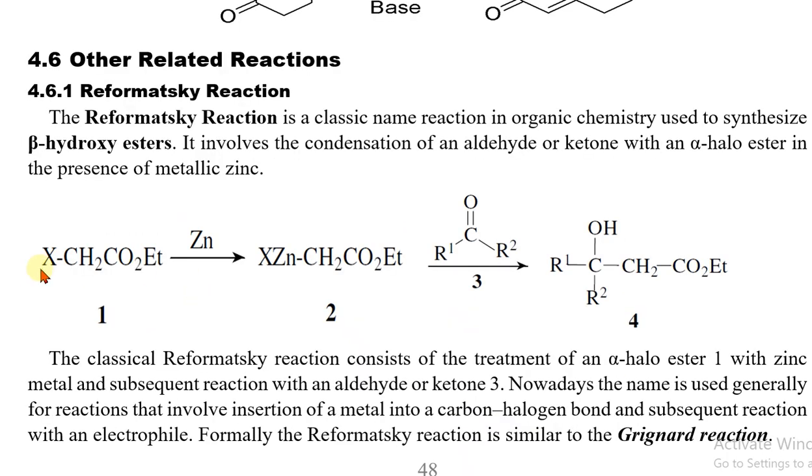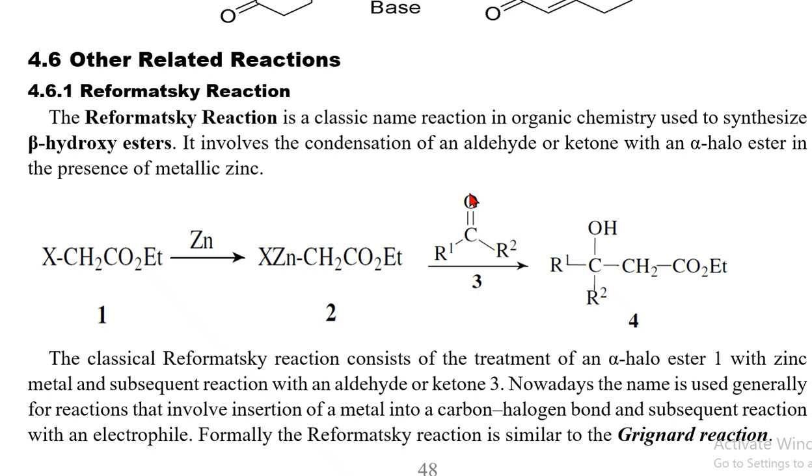So firstly, the alpha halo ester will react with the zinc atom, making a complex here between the halogen and this carbon to give you this complex. So on this complex we have this carbon, which is negatively charged, and it will work as a carbanion, as a nucleophile, and it will add to this carbonyl compound to give you an alcohol, to give you a beta hydroxy ester compound.